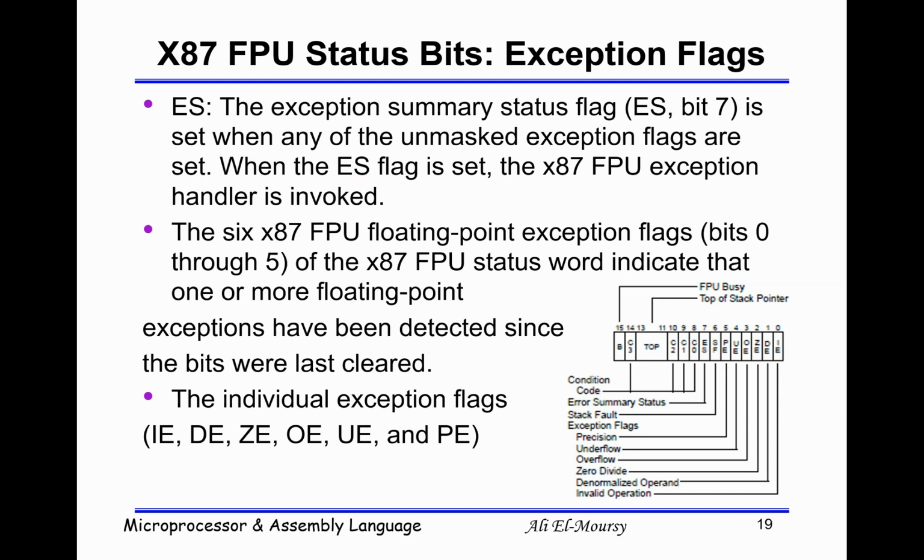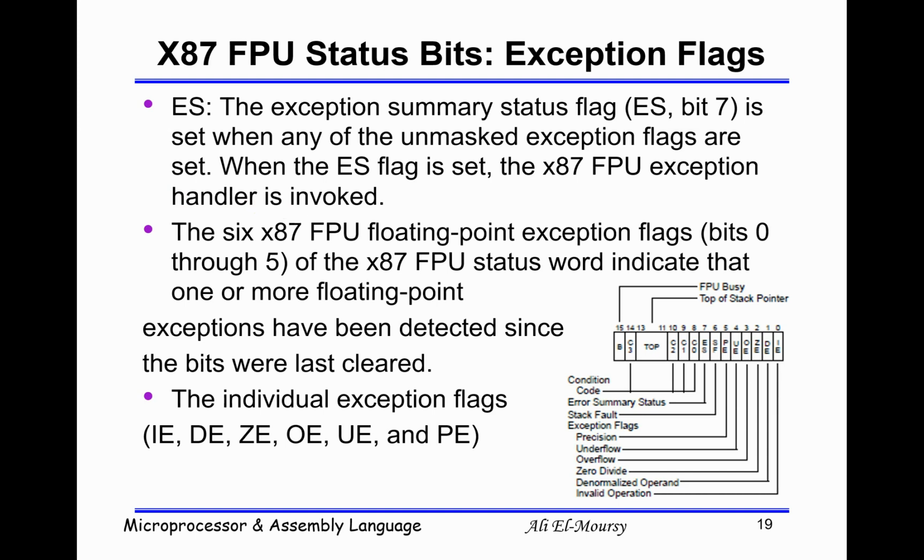So when the ES flag is set, the exception handling is invoked. We will talk about the exceptions, or the mathematical interrupts, in the interrupt chapter, when we get to it.